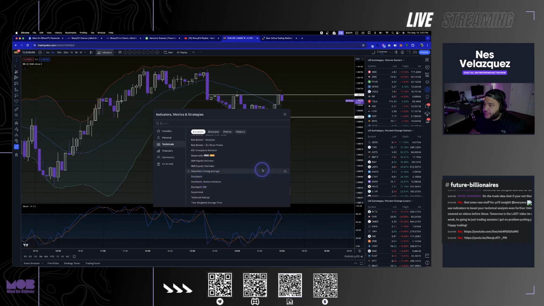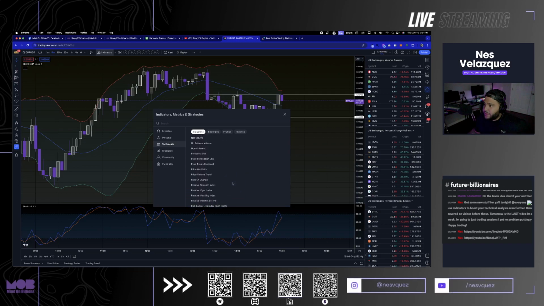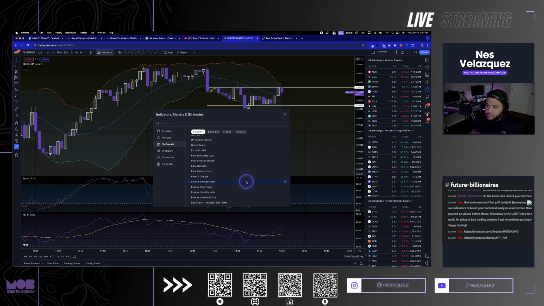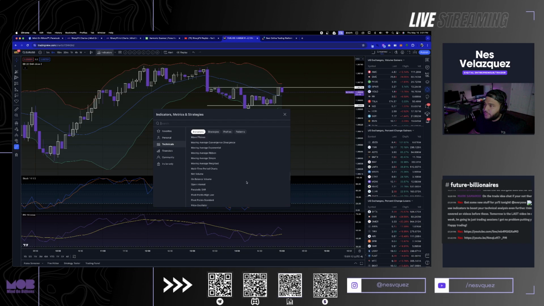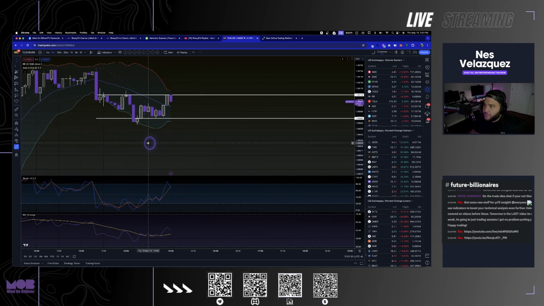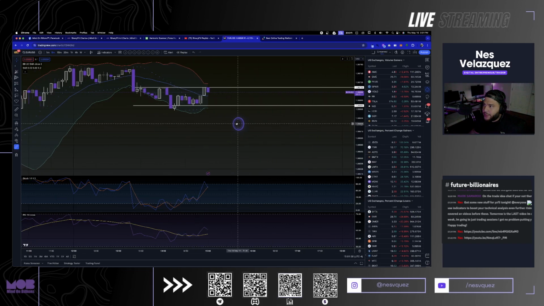Now we'll use the stochastic, the RSI, so the relative strength index. All right, let's do the parabolic as well. I'll keep that on it. All right. Looks like a quick sell to me.